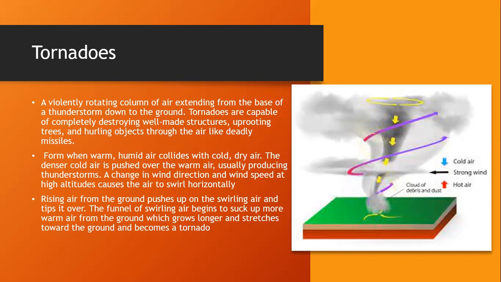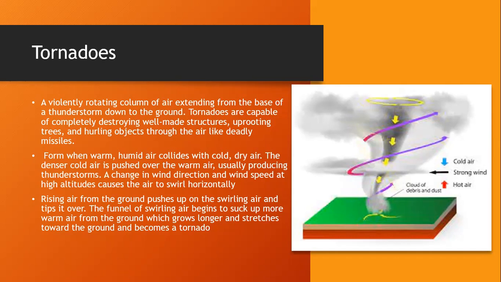How tornadoes form is when warm air collides with cold, dry air. The cold air, since it is denser, is pushed over the warm air, and that's what produces the thunderstorm. Then the change in wind direction and wind speed is what causes that swirl.